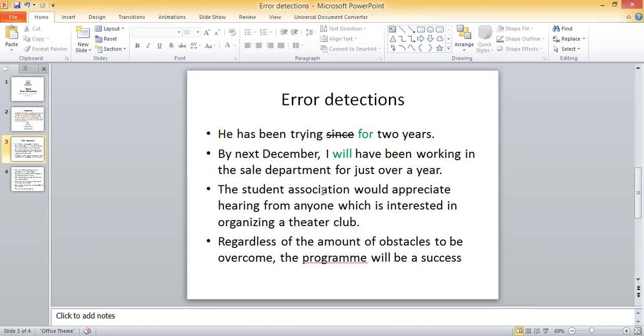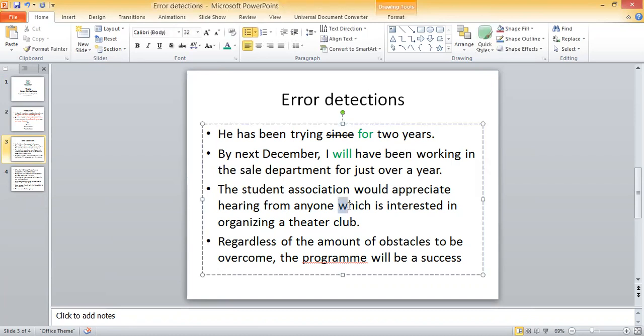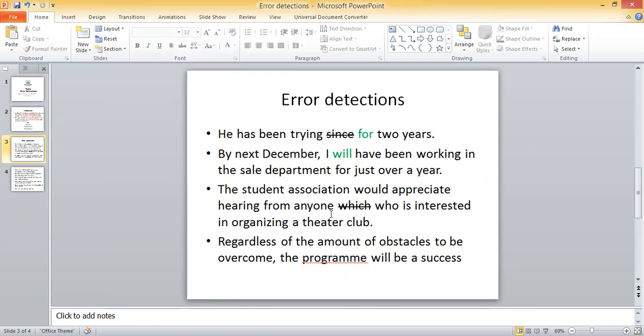Okay, the student association would appreciate hearing from anyone which is interested in organizing a theater club. अब now there is an issue of which, because यहाँ पे there is an anyone, when you talk about particular body or particular pronoun जो कि इशू कर रहा है, और जो कि किसी नाउन के हवाले से बात करेगा, यू ऑलवेज यूज हु, यानी कि कोई बंदा, किसी की बात हो रही है ना। The student association would appreciate hearing from anyone who is interested. All right, any particular body, anyone who's interested, not which is interested.